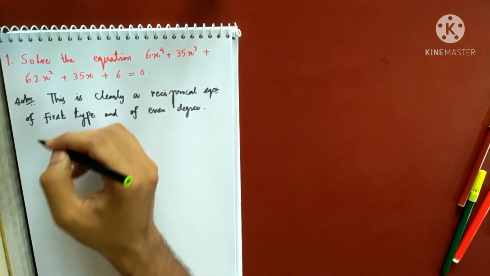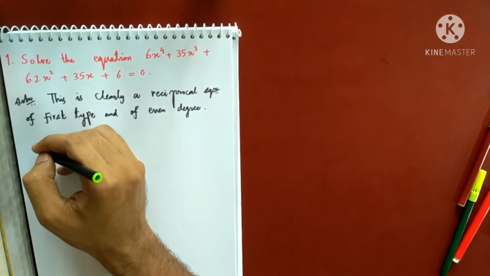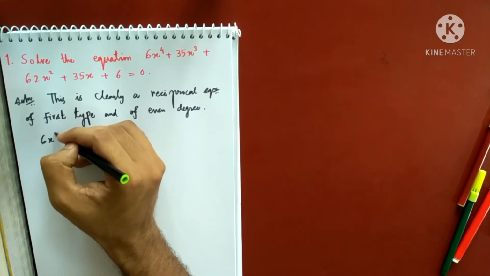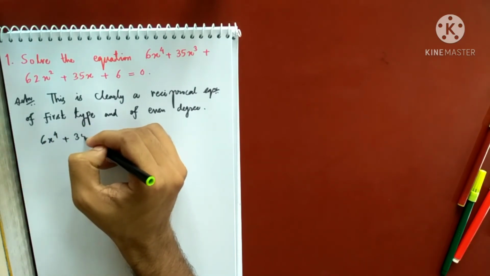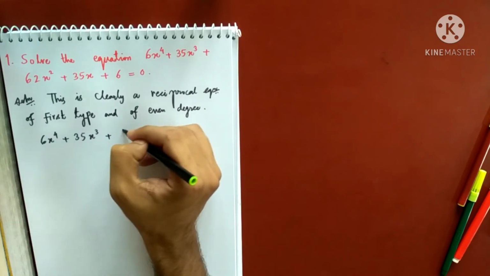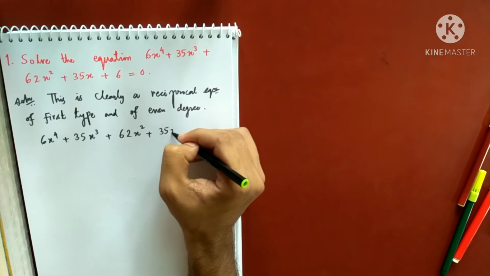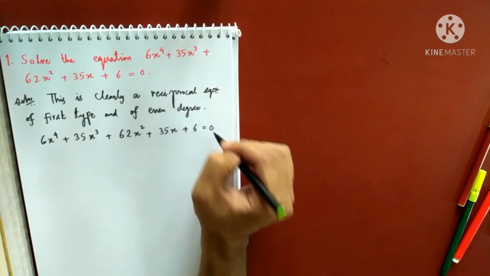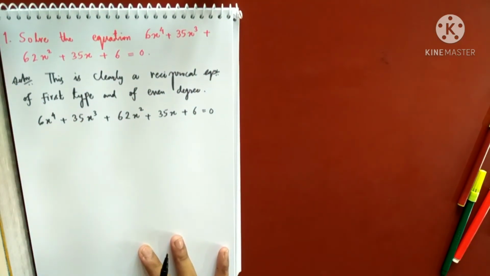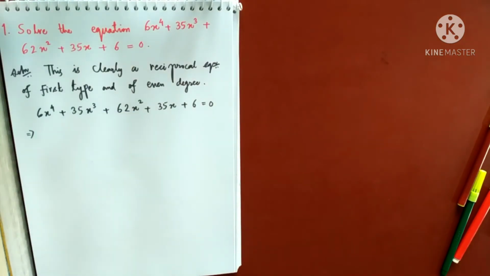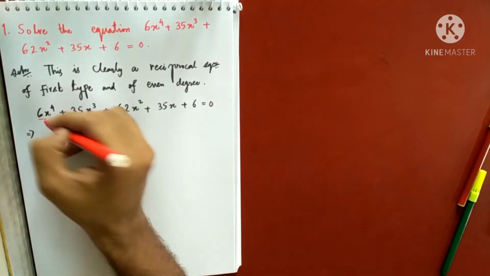So what are the steps? What is the given equation? The given equation is 6x to the power 4 plus 35x cube plus 62x square plus 35x plus 6 equals to 0. Okay. Now write the first one and the last one together and take 6 common.